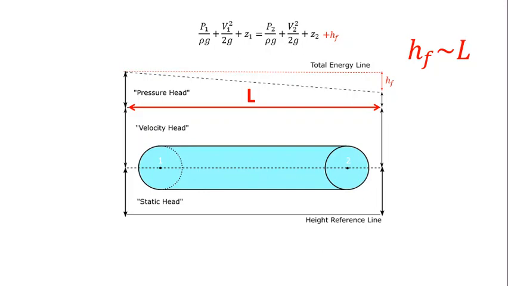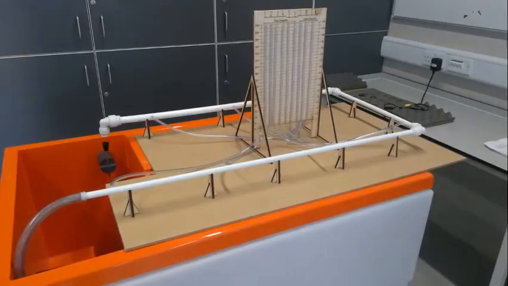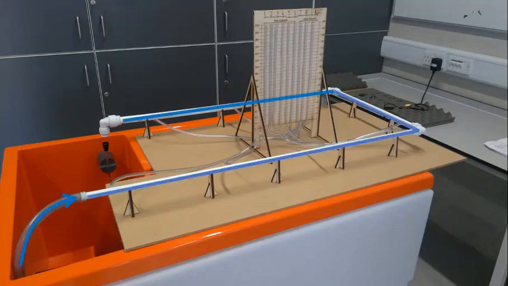Now, to demonstrate the other properties frictional head loss depends on, we've built a simple pipe rig. Water enters here, flows through a series of different pipe components before exiting out the other side.